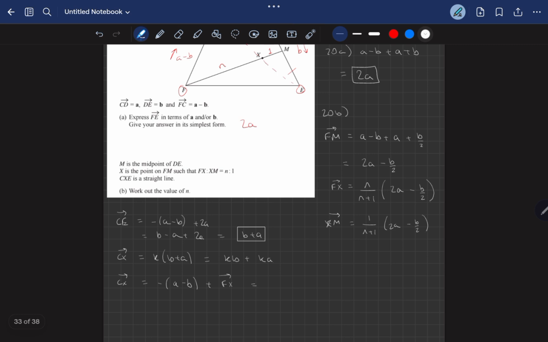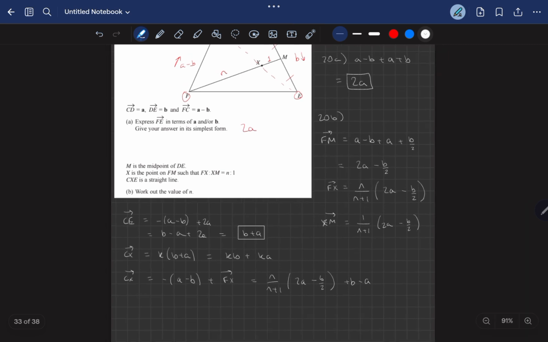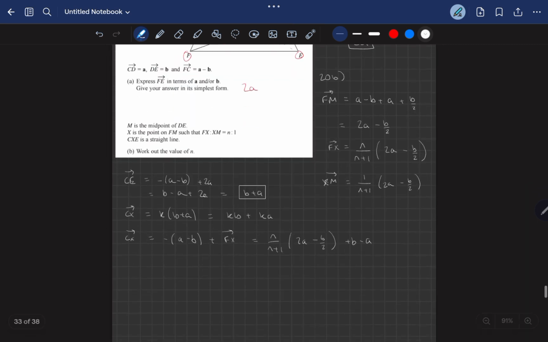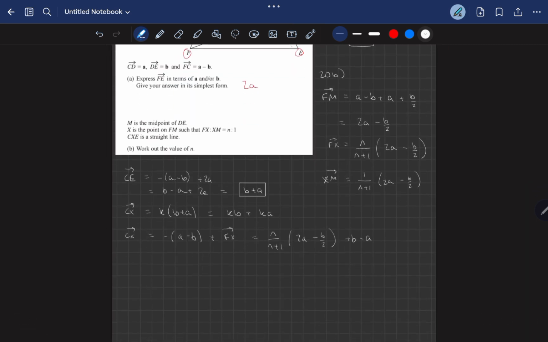And we know that FX is n over n plus 1 times (2A minus B) over 2, which we've already calculated, and then that's going to be plus B minus A. Now, this looks a little bit messy, so let's tidy up by getting all the coefficients of A and all the coefficients of B.